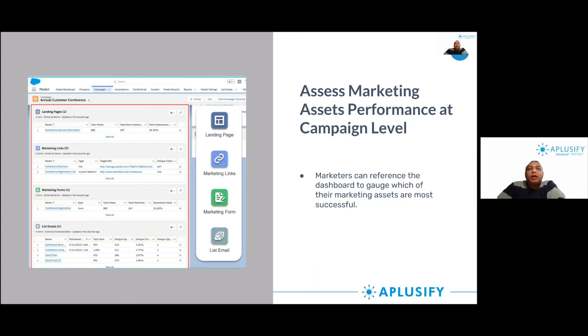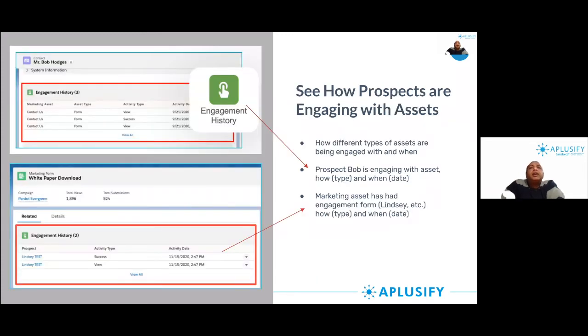Okay. Now moving on. Now, if you can see here, since you have got your leads and contacts and your accounts in Salesforce, okay, you can visualize how your prospects are engaging with your assets. Okay. Now, if you see on the top here, you can see that the contact name is Bob, right?